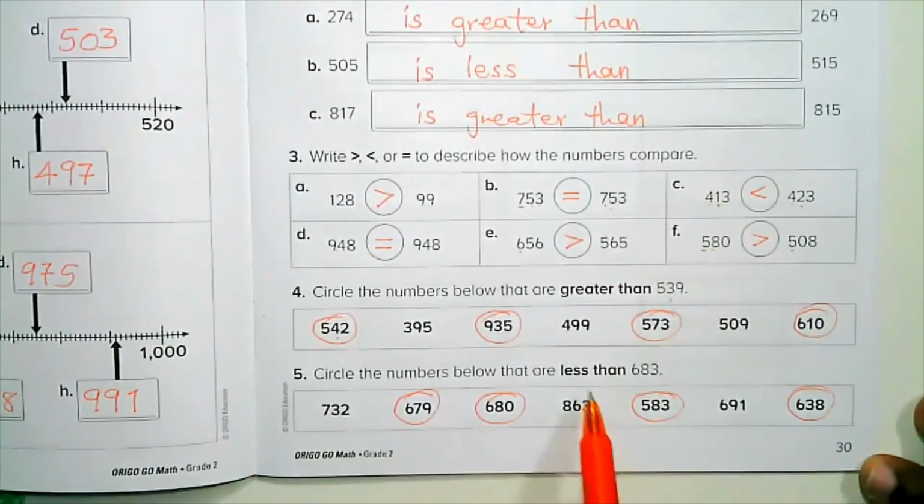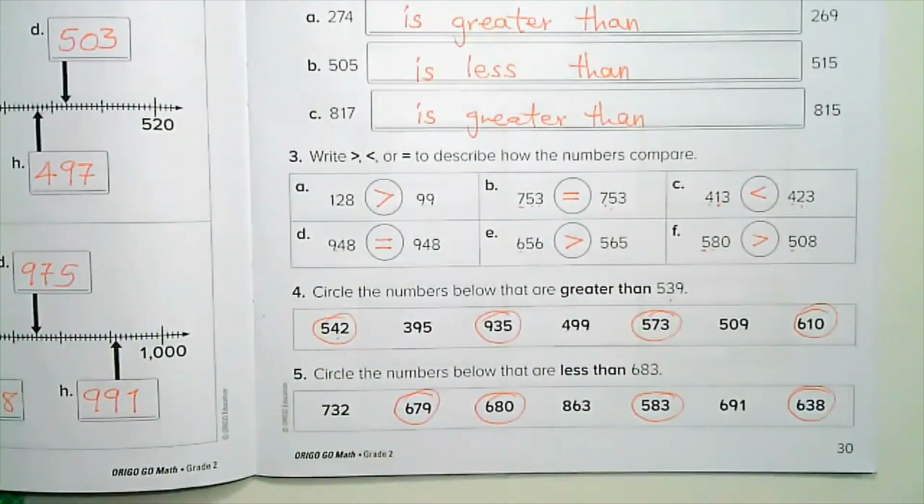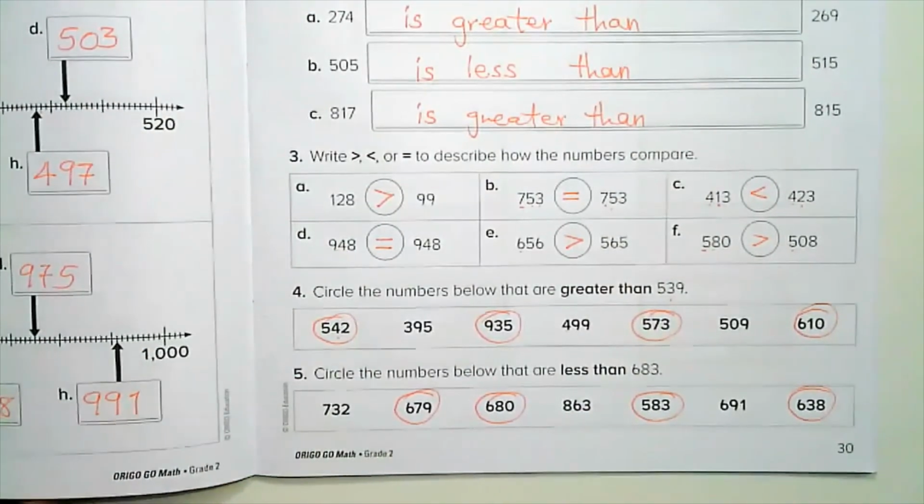So these are the numbers that are less than. Compare your answer with mine, do the necessary correction.